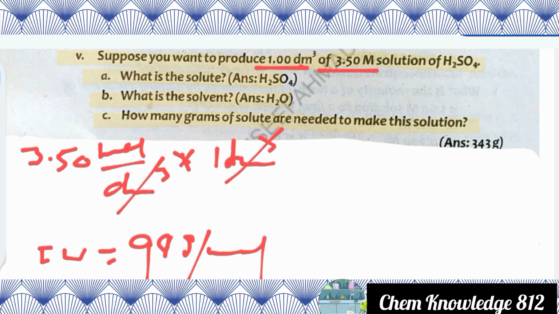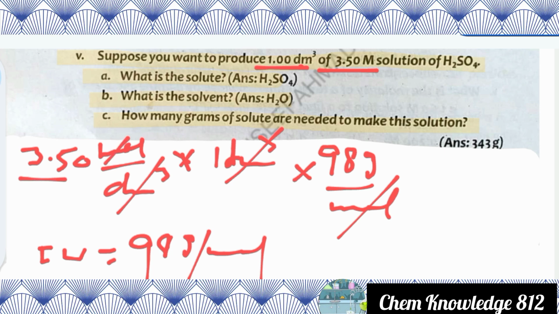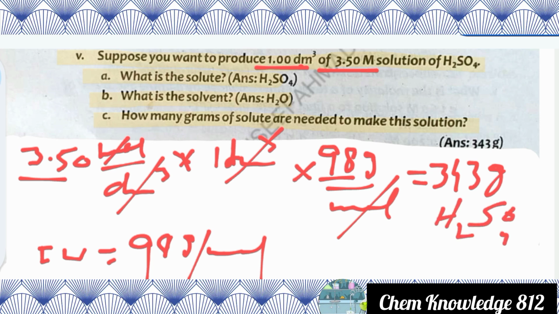So by multiplying this with 98 gram per mole, mole will be cancelled, and we will get 3.5 multiplied with 98, and from this we will get 343 gram of sulfuric acid.